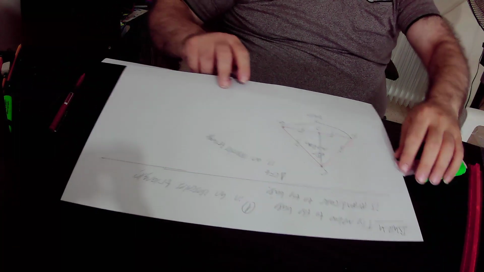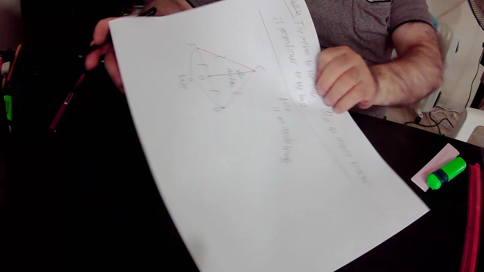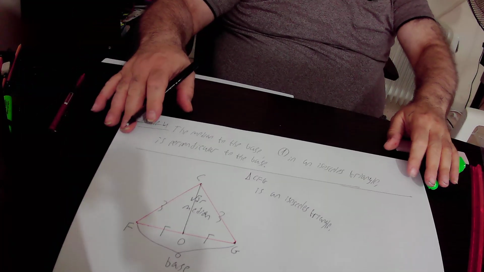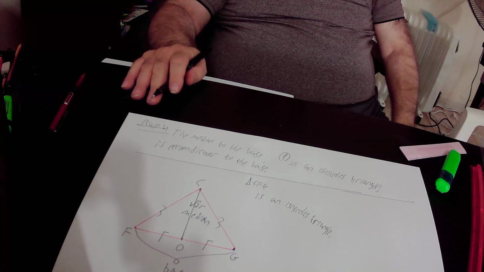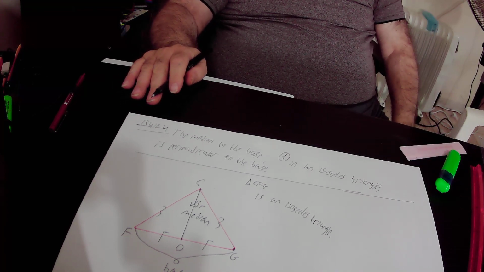I will read rule number 4 again. According to rule number 4, the median to the base in an isosceles triangle is perpendicular to the base.